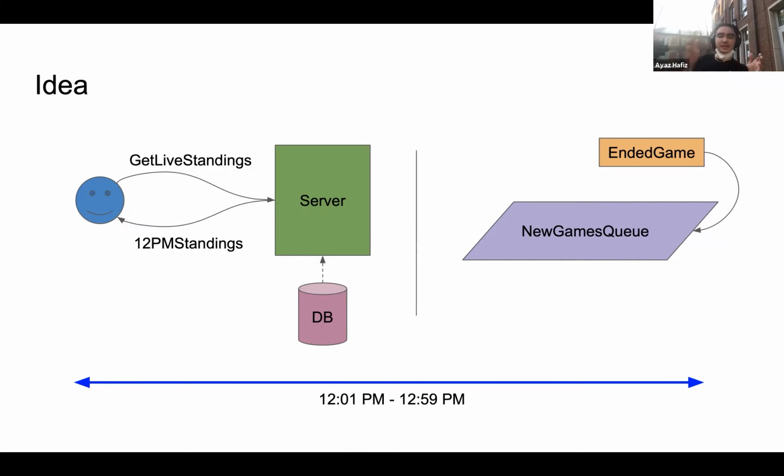And in the meantime, if there are any games that people start and end, you say, okay, I'm not going to update these games right now, but I'll update them at the end of the hour and recompute the standings at that point. So that's the new games queue, that's what it's collecting.